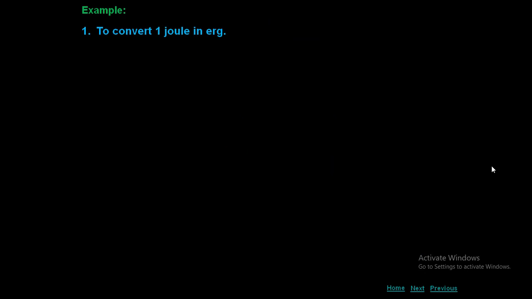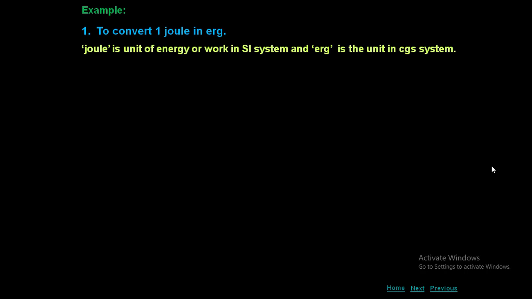Example. To convert 1 joule into erg. So here I am going to show an example of how we are going to convert 1 joule into erg. Joule is a unit of energy or work in SI system, and erg is the unit in CGS system. The dimension formula of energy or work is M L square T to the power minus 2.